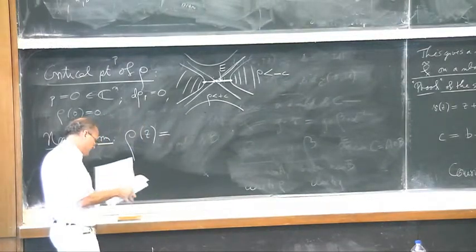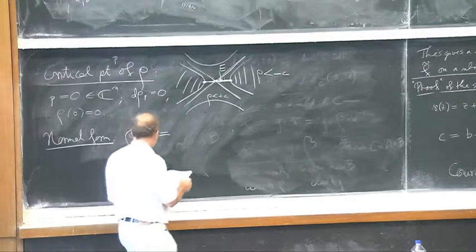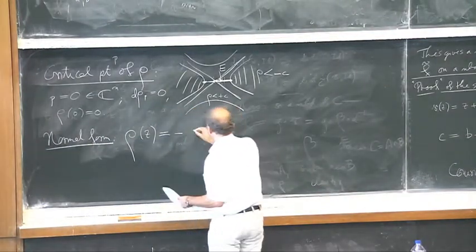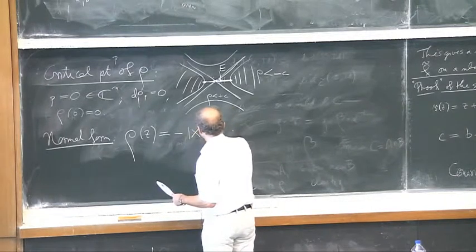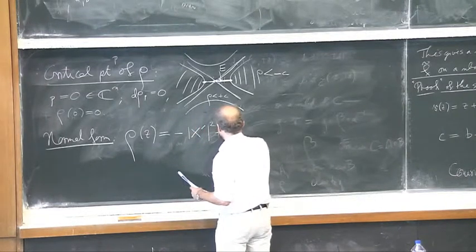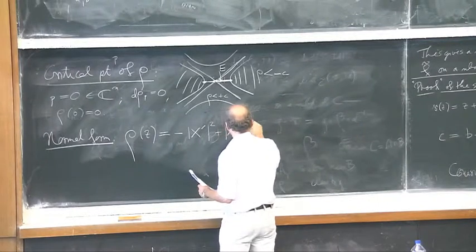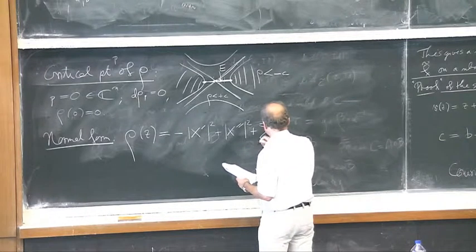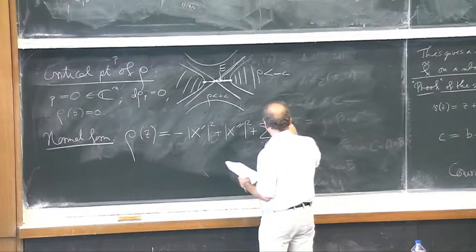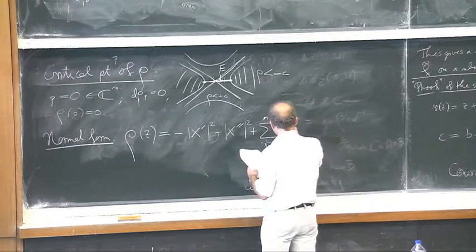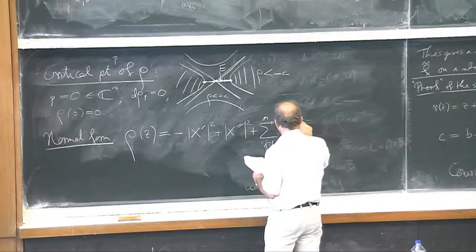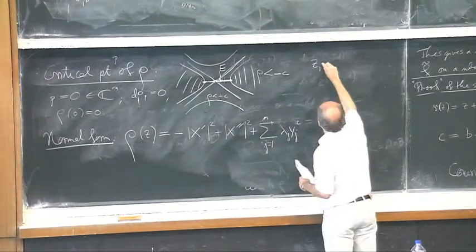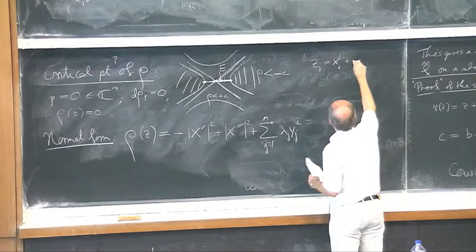Okay, let me find it now. Okay, so it looks like this. So it's minus, I'll just write it and then I explain the notation. Minus x prime squared plus x double prime squared plus the sum, j equals 1 to n, lambda j yj squared, where x are the real parts, so each zj is xj plus i yj.